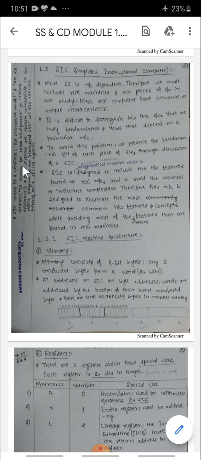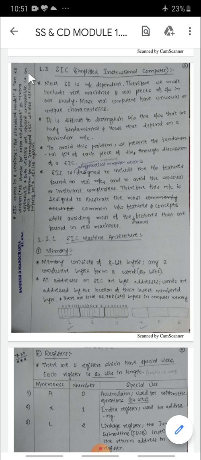And here XE stands for extra equipment or extra expensive. Both of these versions are upward compatible.